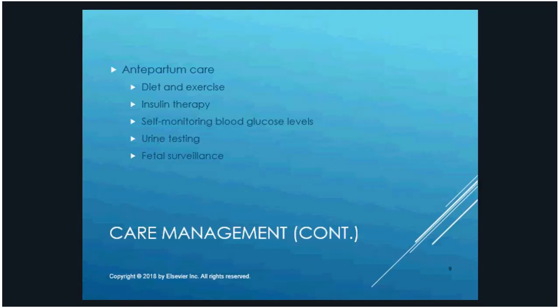Antepartum care would be making sure they understand a proper diet and exercise, insulin therapy, self-monitoring their own glucose levels, urine testing, and also fetal surveillance.